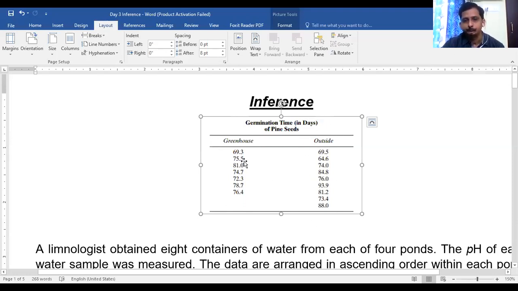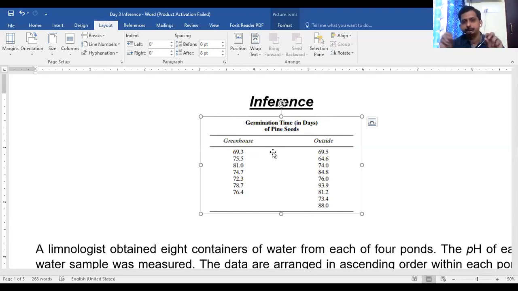The experimental question is whether the germination time of pine seeds will be the same in a greenhouse environment or an outside environment. This is to be verified.